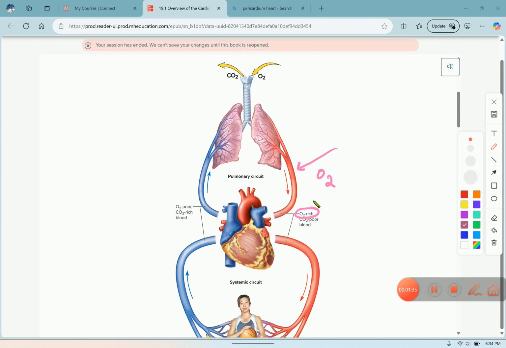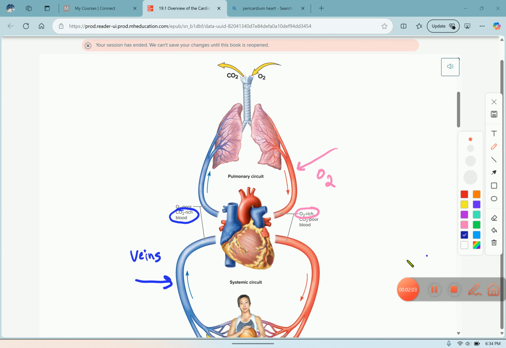Those are things in the artery family. In the blue family, those are veins, and that denotes CO2 rich or carbon dioxide rich blood. So less oxygen, more carbon dioxide. So they denote those as blue.